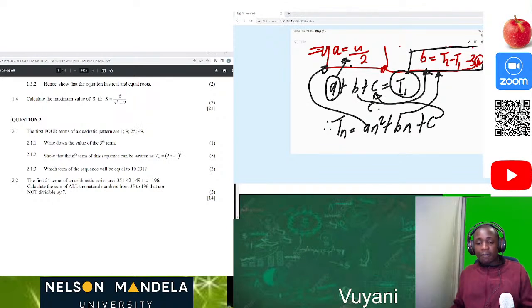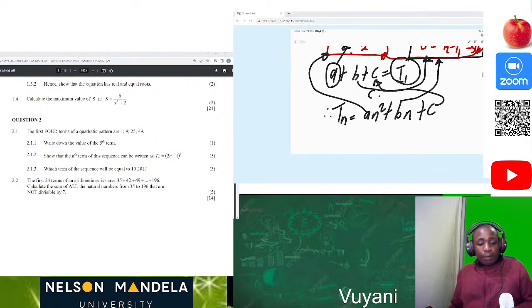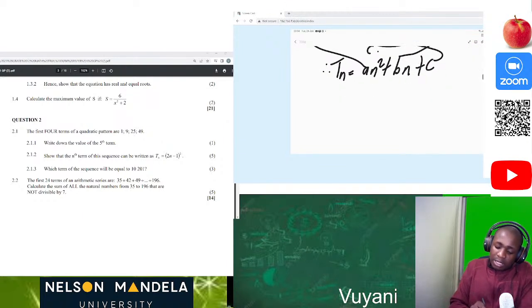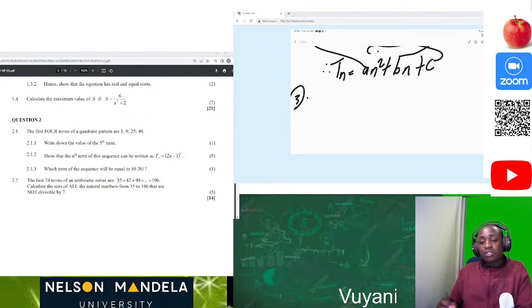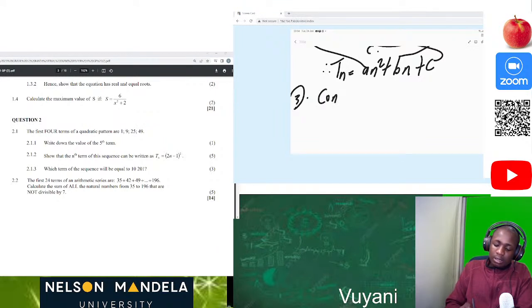Now, to move forward from this part, it's quite easy. We must now know the third one, which you'll be introduced to right now in grade 12, maybe if you have not yet been introduced to it. This one has a constant ratio.